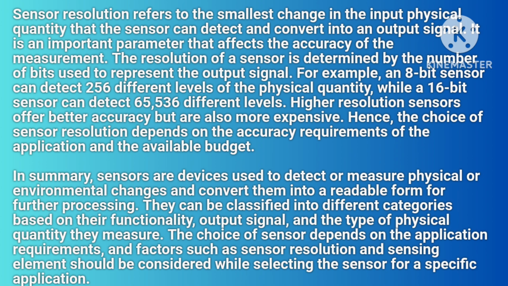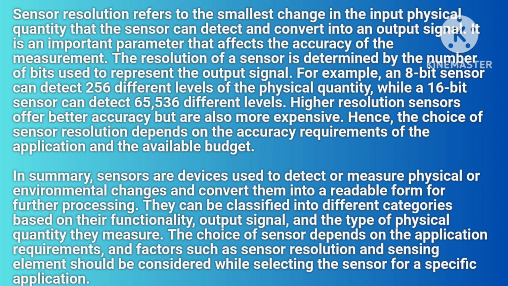For example, an 8-bit sensor can detect 256 different levels of the physical quantity, while a 16-bit sensor can detect 65,536 different levels. High-resolution sensors offer better accuracy but are also more expensive. Hence, the choice of sensor resolution depends on the accuracy requirements of the application and the available budget.